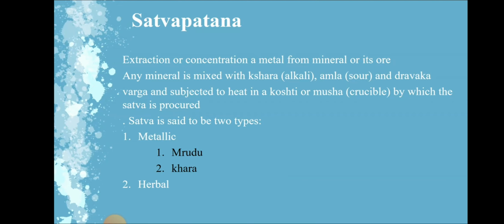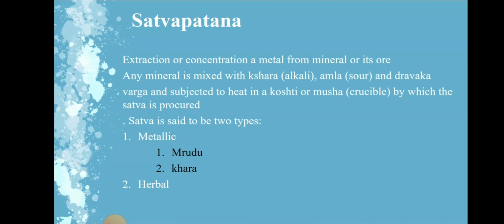The process of sattva always needs strong heat, but some of the drugs release their essence or sattva at low temperature also. So according to the time, temperature and fuel needed, metallic sattva is again divided into two types, that is mrudu sattva and ghora sattva.